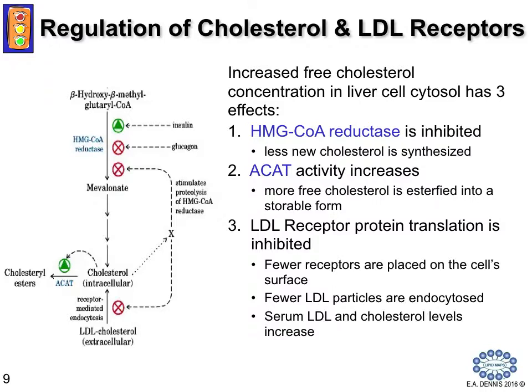The second effect is an increase in ACAT activity to make more cholesterol ester from the free cholesterol. And now I want to add the third effect in more detail, which is that LDL receptor protein translation is inhibited. That is, there are fewer receptors that are made and placed on the surface of the cell.